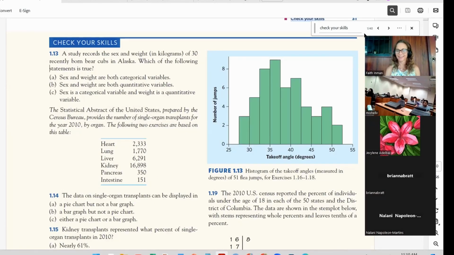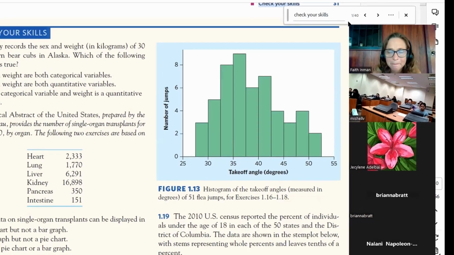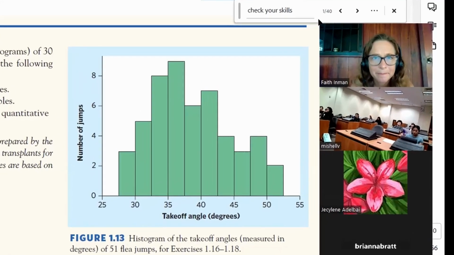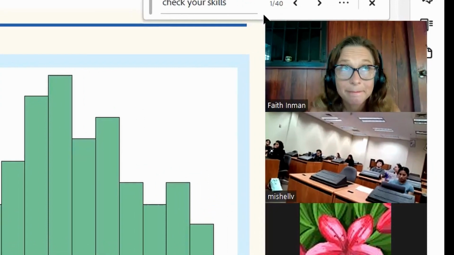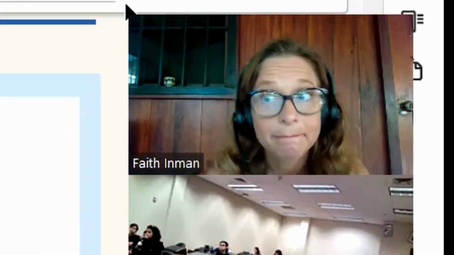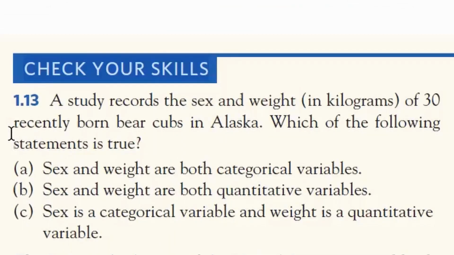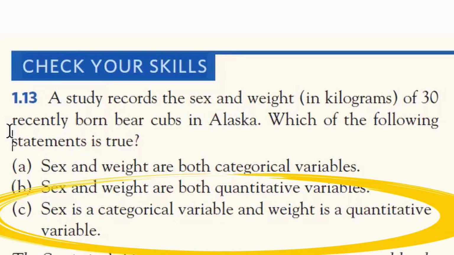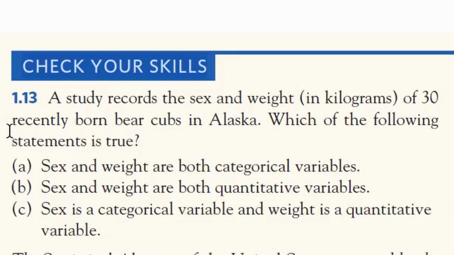What do you think? How would you answer this question? Yeah, see, sex is a categorical variable, male, female, right? And weight in kilograms is a quantitative variable. This is one of the questions that might be on the test.